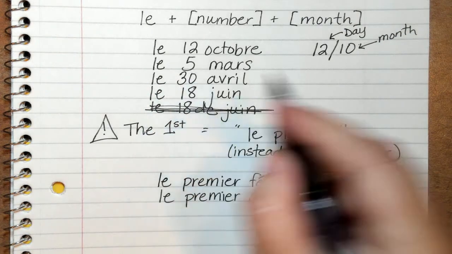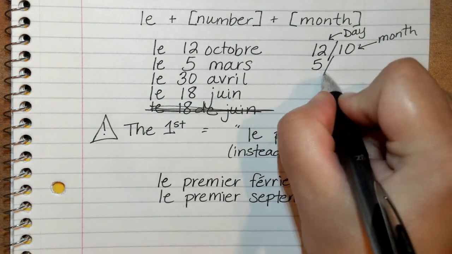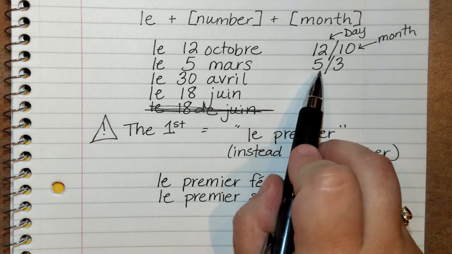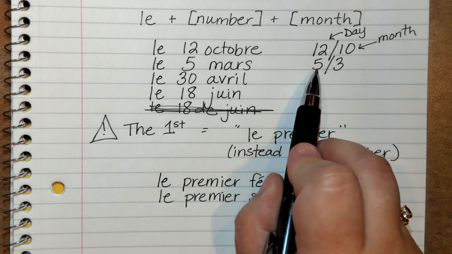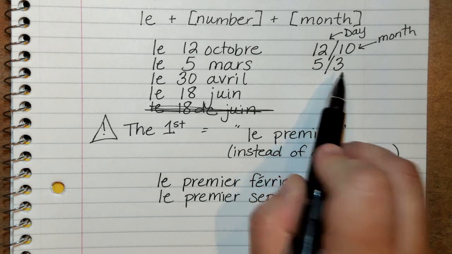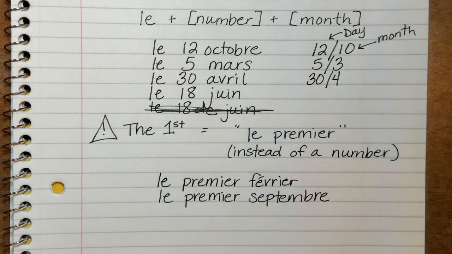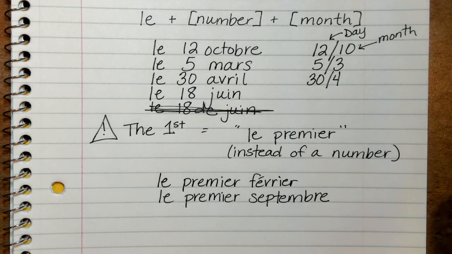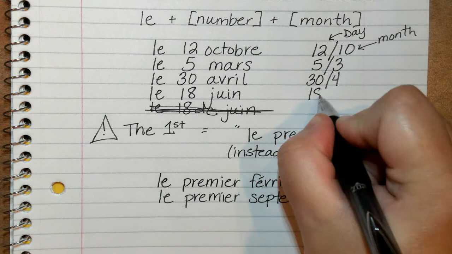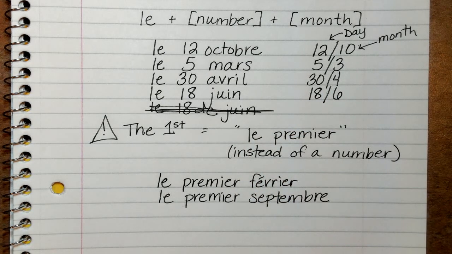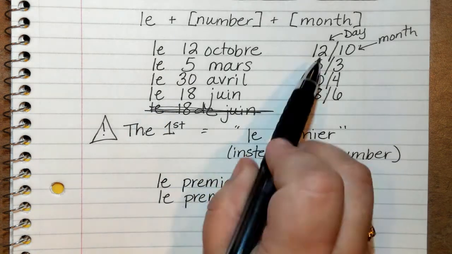So le 5 mars would be written like this. It's not May 3rd, it's the 5th of March. Le 30 avril, the 30th of April. Le 18 juin, the 18th of June. And you do not have to write the word le before these.